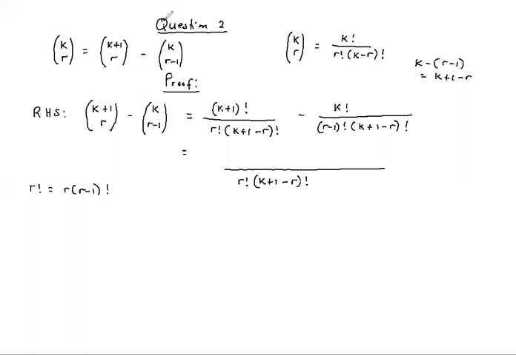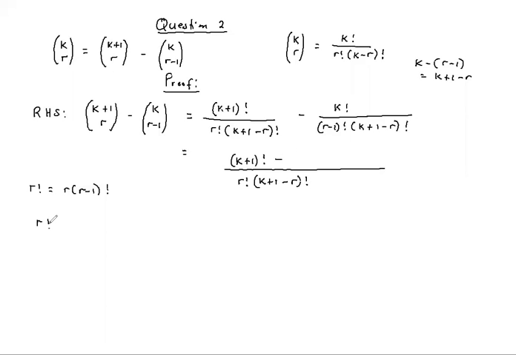And so when dividing the first one, this whole thing here is what we have as our denominator. So when we divide there, we'll get 1. 1 we multiply by the numerator, we'll get the numerator, k plus 1 factorial, minus k plus 1 minus r factorial. In k plus 1 minus r factorial, we get 1.